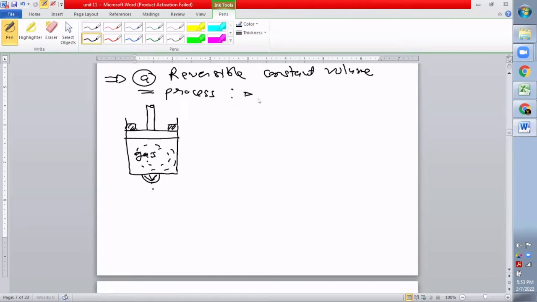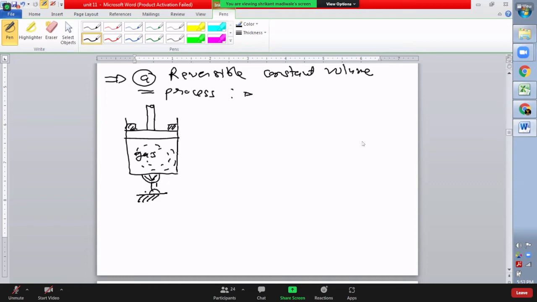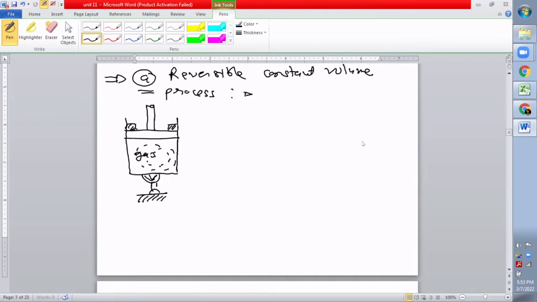The heat will start to be added with the help of the heat source. Now, when the heat transfer takes place from the source towards the gas, then obviously the gas will expand and there will be a build up of the temperature and a build up of the pressure. At the same time, when the gas expands, the gas wants to apply pressure force on the head of the piston and move the piston in the upward direction. But here, by providing the stopper, we are maintaining the volume constant.